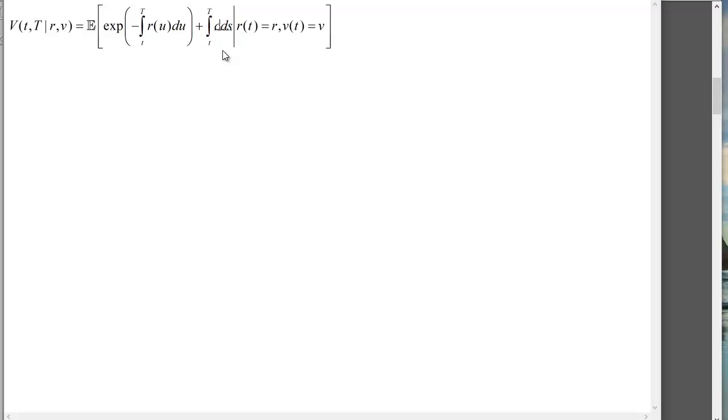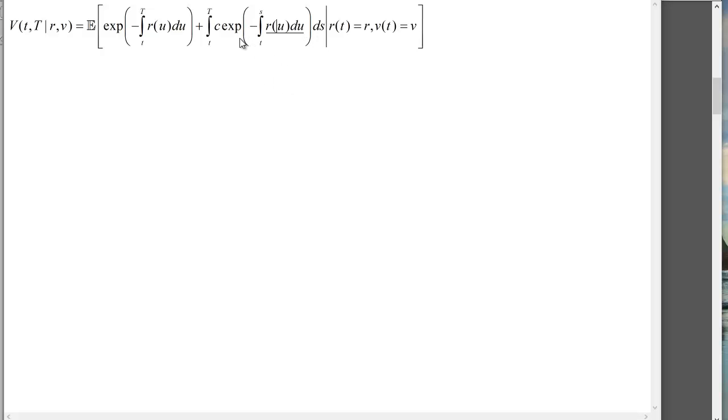But we need to add the discounting term, so we just simply take this discounting integral and we assume that it's continuously discounted. The coupons that you receive are continuously discounted.